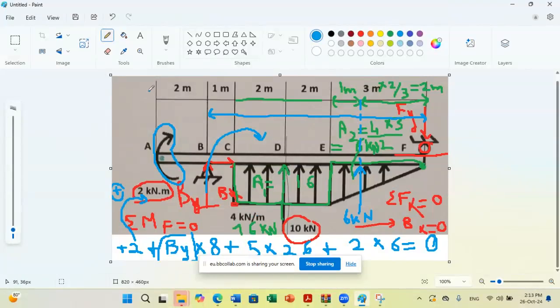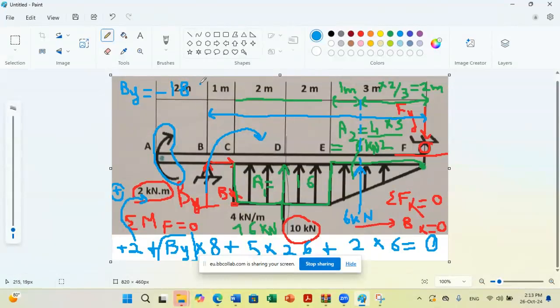Okay, so By we solved for. Minus 18 or 18? By, yes, minus 18, of course, minus 18 kilonewton. This means that By is in the opposite direction.